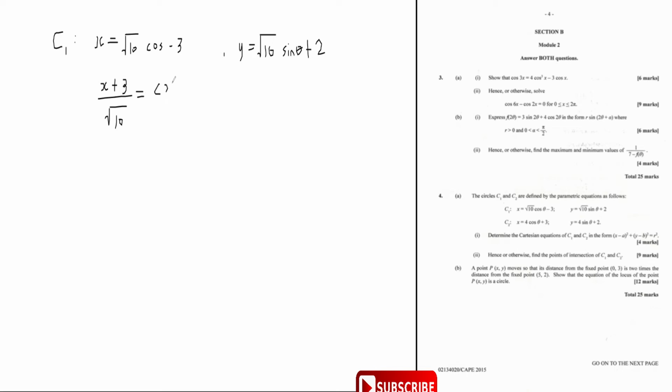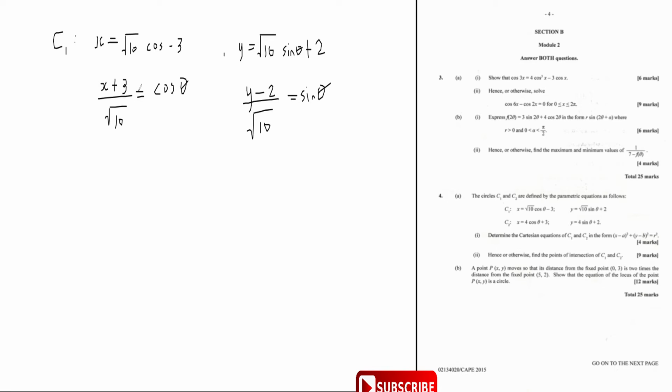It's going to give us cos theta. And over here, we subtract 2 from both sides to get y minus 2 divided by root 10, and that is equal to sin theta. Now what do we do next? We square both sides.